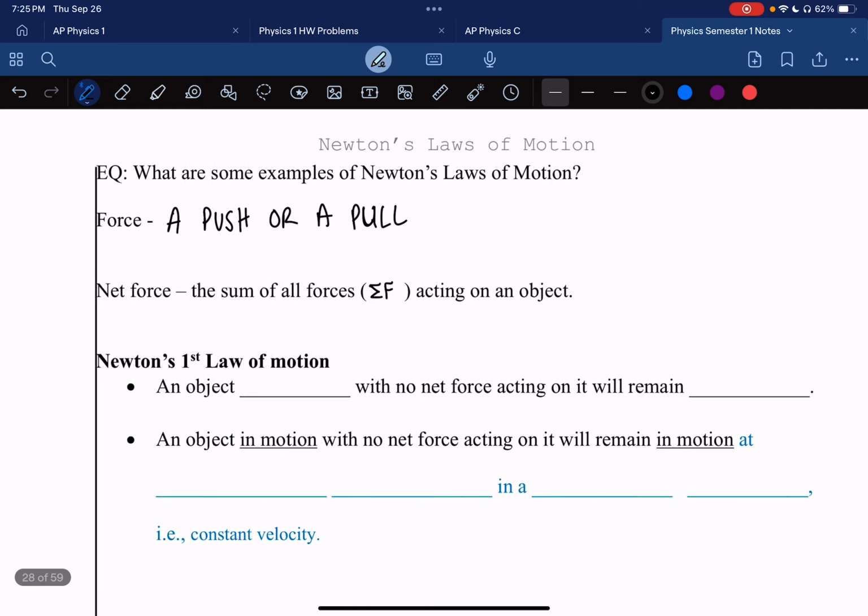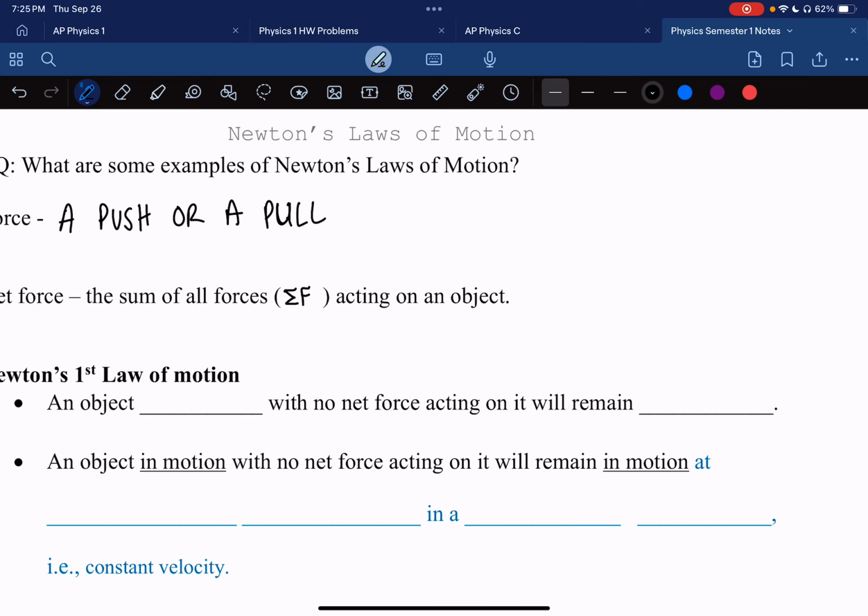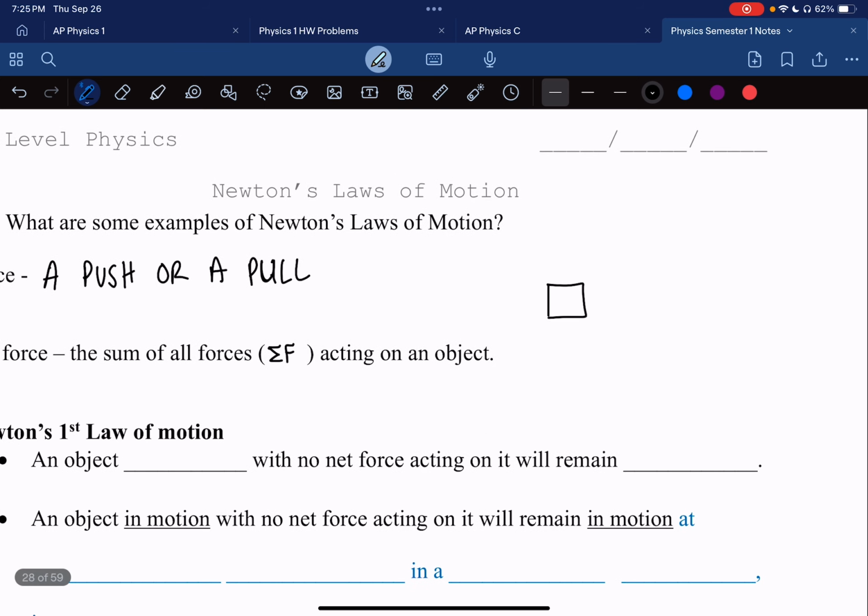And let's just get an example here of the sum of all forces. So if I have a block and I push on it with a force of 10 newtons, just a unit, it's like an amount, and somebody else pushes on it with a force of 3 newtons, what is the overall force pushed on the box?